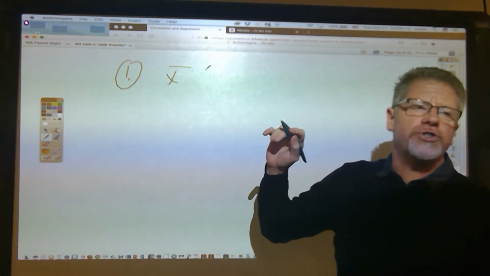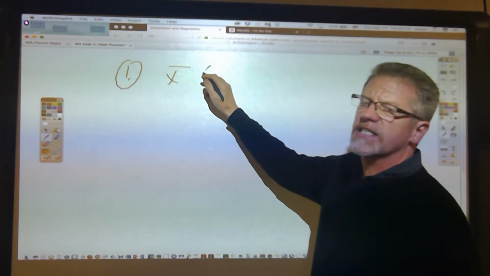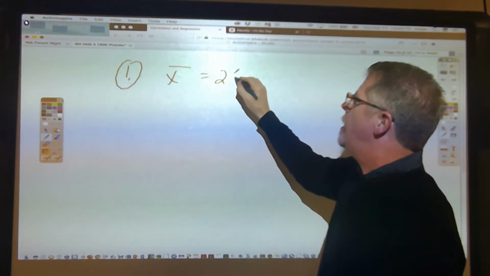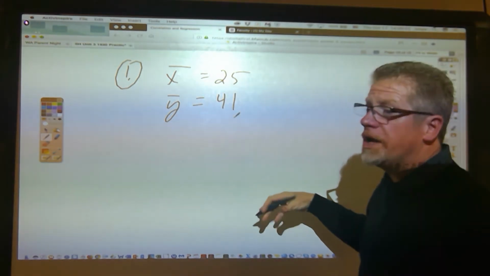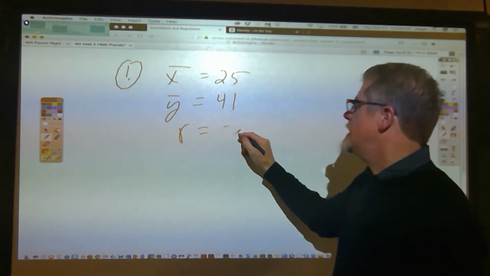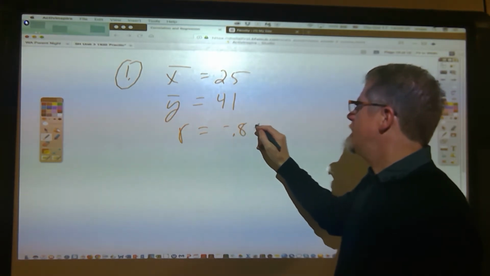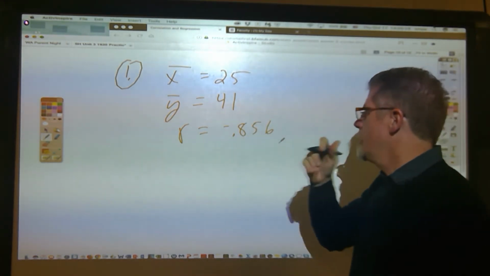We have a linear regression. It's a scatter plot that satisfies the straight enough condition. X bar is 25. Y bar is 41. R is negative 0.856.